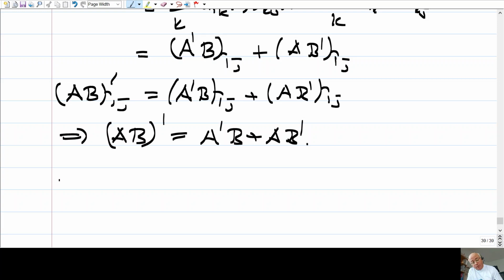Let's consider, for example, the derivative of the inverse, just as an example.